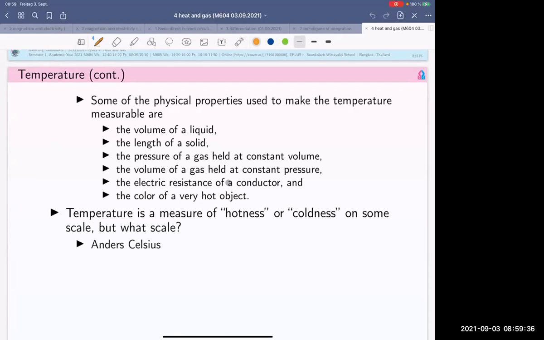In the radiator of the car, we have a sensor that touches the water that flows around the engine, right? And that sensor uses this technique.